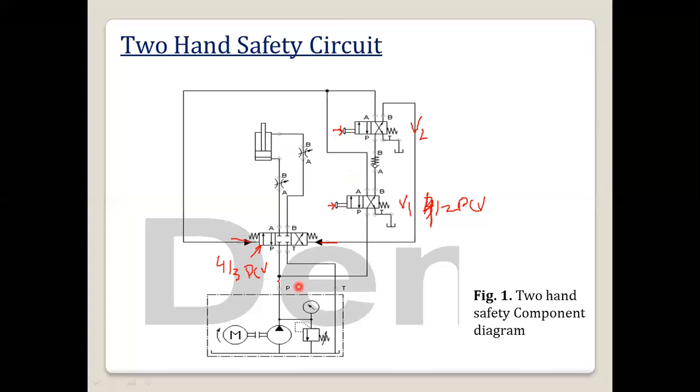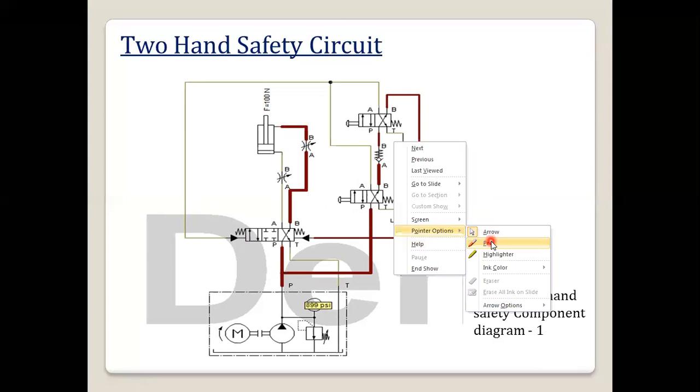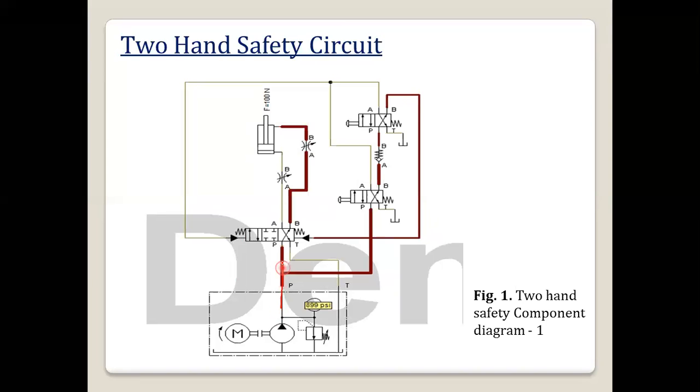Okay, so here what you can see, the initial position we will see in this next diagram. Okay, initial position, what you can see is that oil will be flowing to this right envelope, and here you can see that it is going from port P to port B.